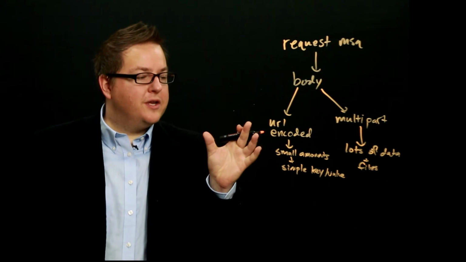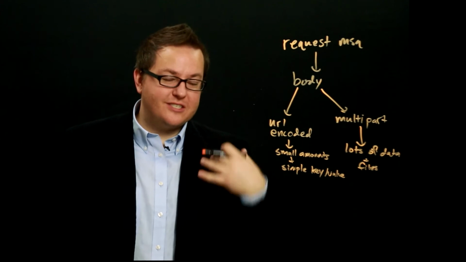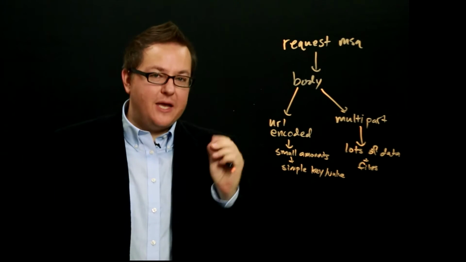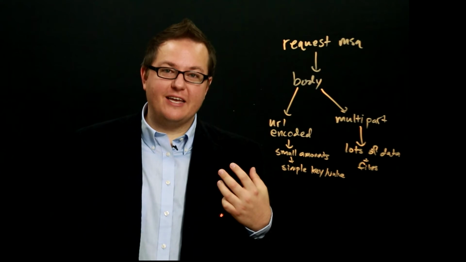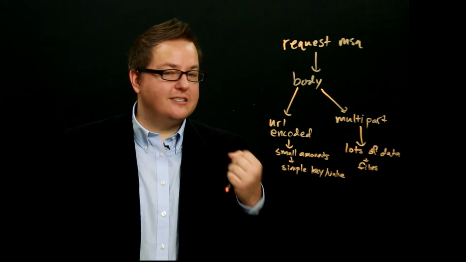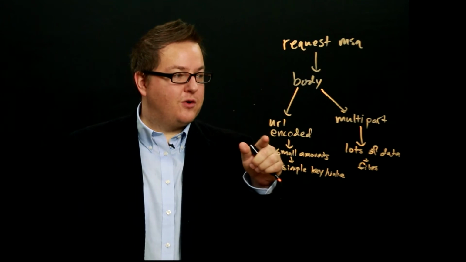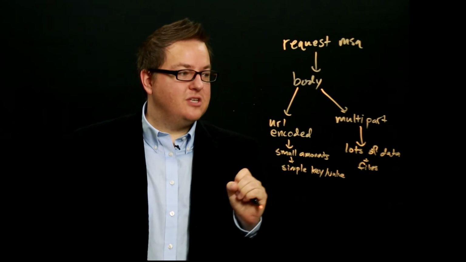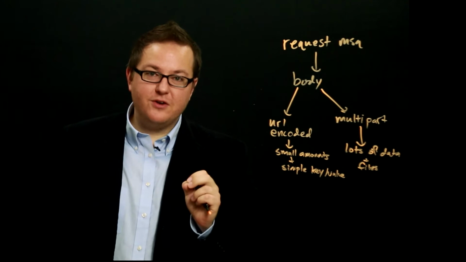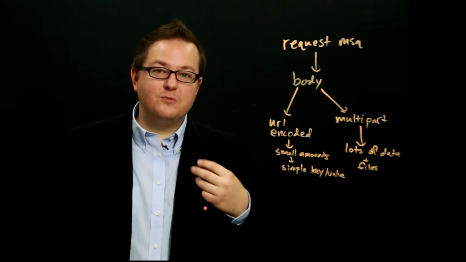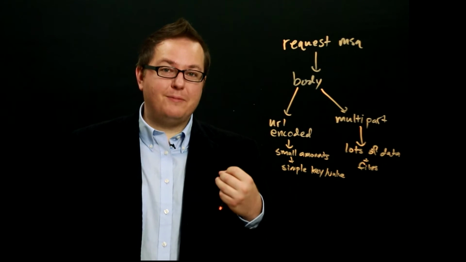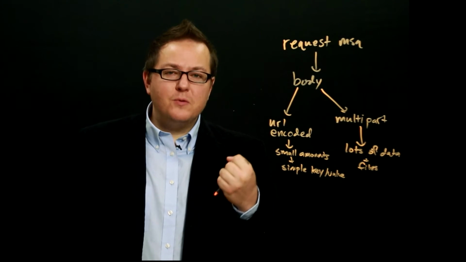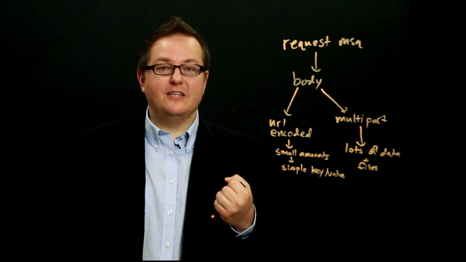When you're sending request messages where you're sending data to the server, depending on how much data you're sending and the characteristics of that data, you will choose a content type that's typically either URL encoded or multi-part. Now, when we get further into the course, we'll see that there's another type that commonly gets used and is popular now, called application/JSON. But we'll talk about that type when we get to it later in the course.